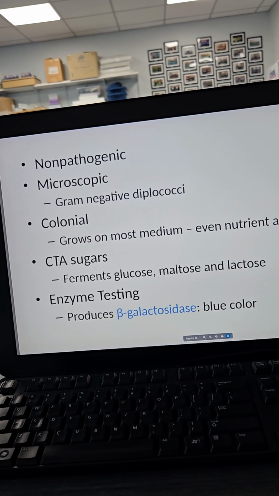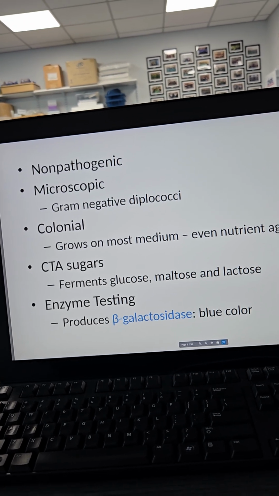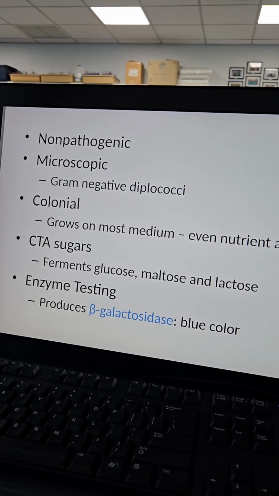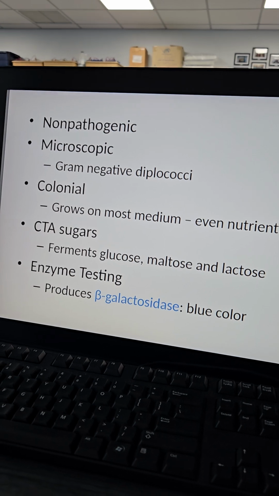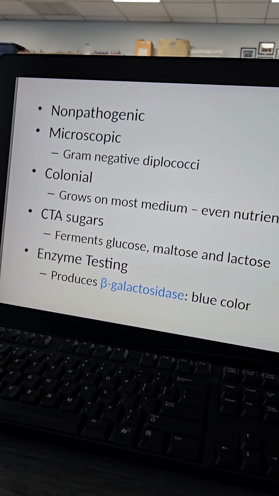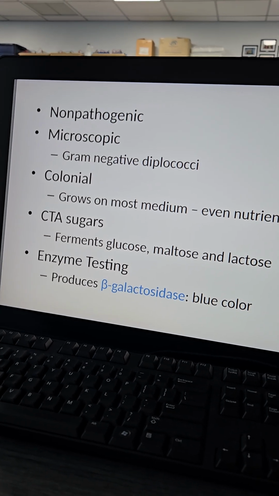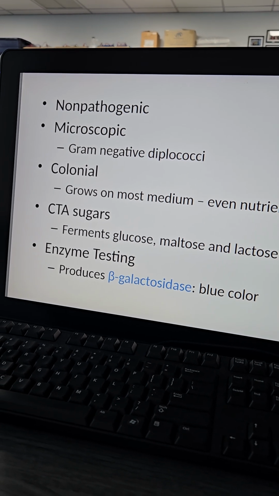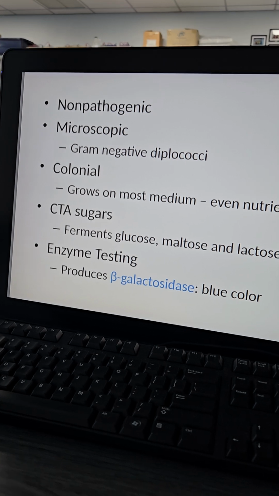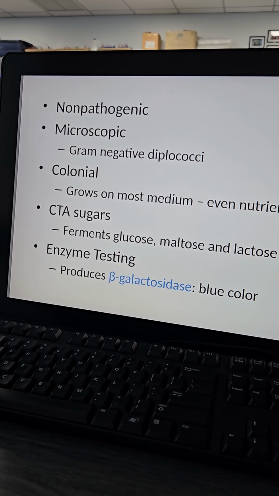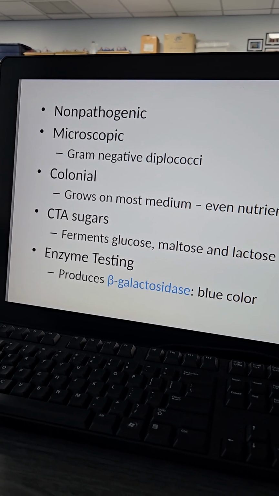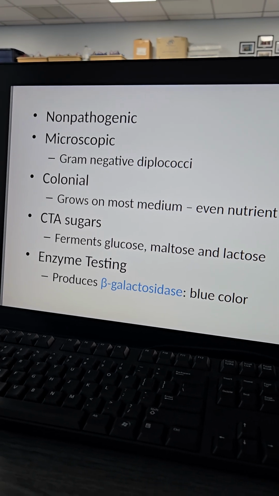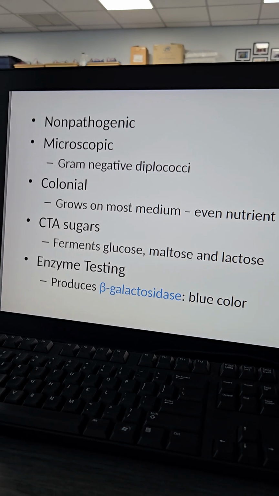So, the enzyme that Neisseria lactamica has that the others don't have is beta galactosidase. Because if you remember, you have galactose and glucose that make up lactose.